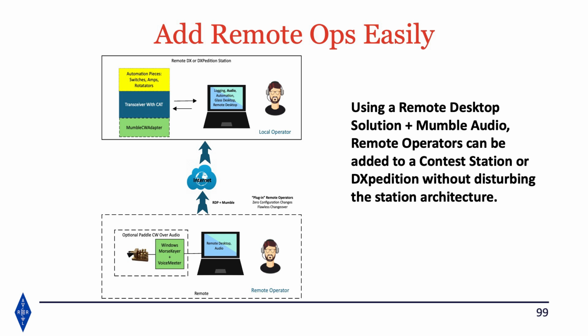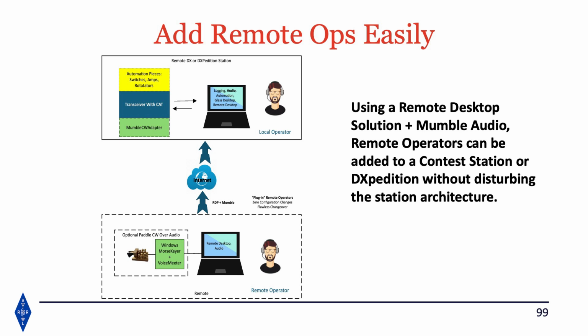So you get very, very low latency and low jitter from my Mumble server located somewhere in the world back to your station or to the station you're remoting to. This makes the remote picture much, much better. Plus, if you have a server at your house where your station is, you're reliant upon your internet provider to be up all the time. So I have 14 Mumble servers around the world.